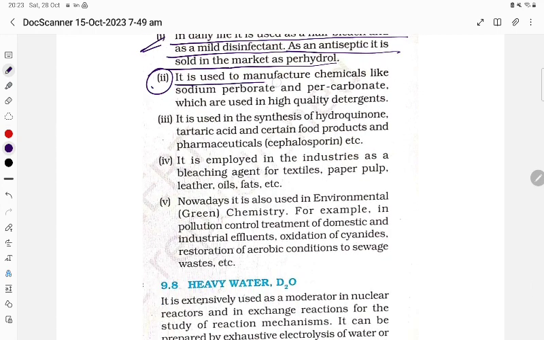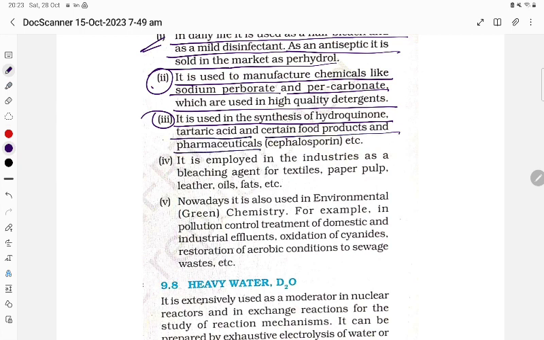Second, it is used to manufacture chemicals like sodium perborate and percarbonate, which are used in high quality detergent. Third, it is used in the synthesis of hydroquinone, tartaric acid, certain food products and pharmaceuticals like cephalosporin.